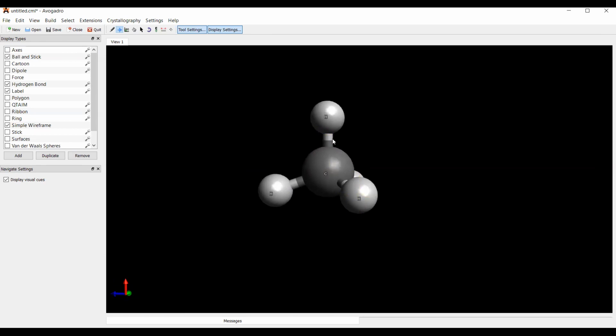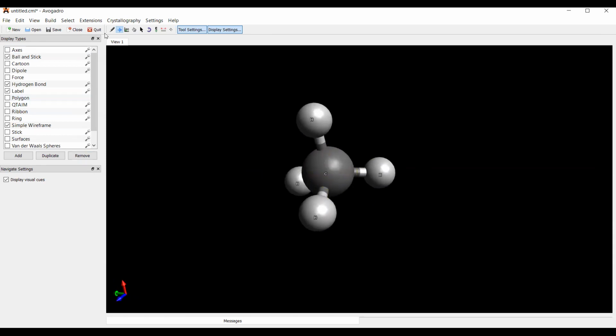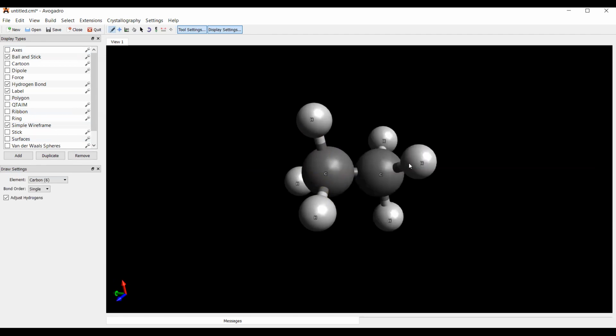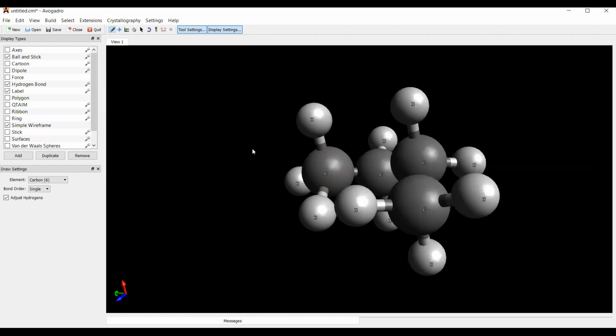This hydrogen atom, then carbon, then this carbon are all in the same plane, and this hydrogen is coming outwards, while the other carbon is going backwards. Now this will be true even if I increase the number of carbon atoms. Let me say that I'm increasing the number of carbon atoms, and I need to optimize this thing.